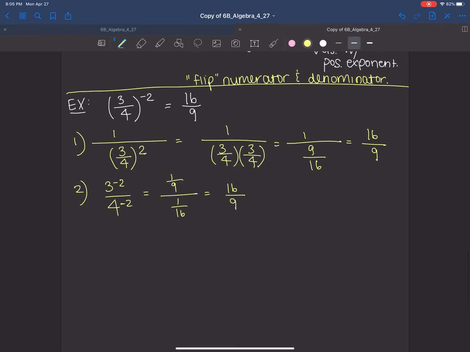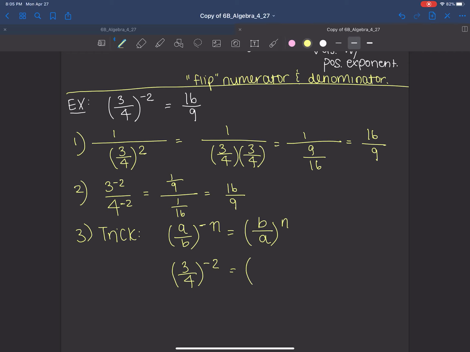And the last one is my favorite. It uses a little trick where if you have a fraction a over b and it's raised to some negative power, like minus n, then it's the same as just taking b over a, raising it all to the n. So in this case, we have 3/4 to the minus 2.